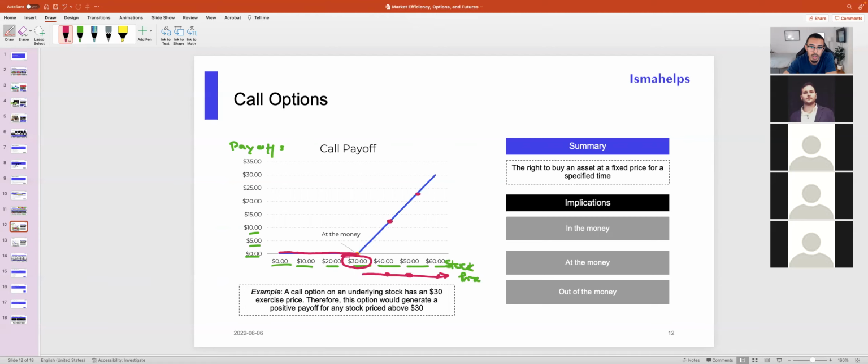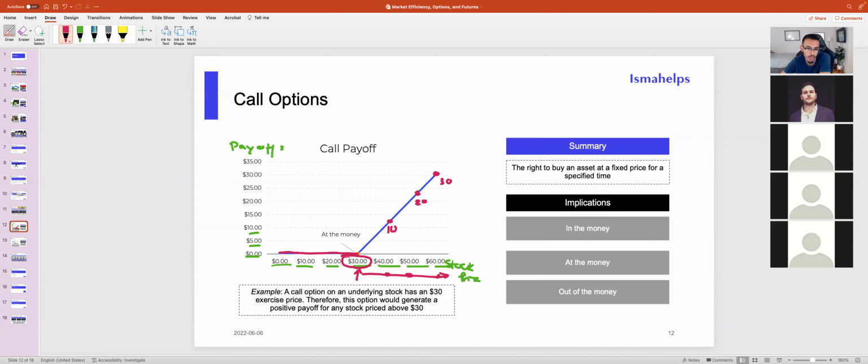We start earning money, right? Assuming the stock price is 40 bucks and our strike price is 30, we would make $10. We would then make perhaps $20, then perhaps $30, depending on what the stock price would be, if we were able to exercise our call option.